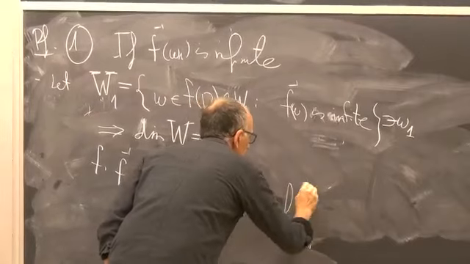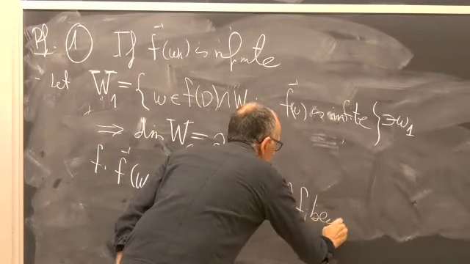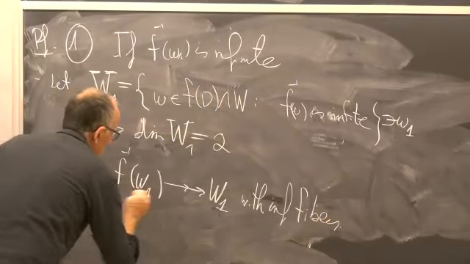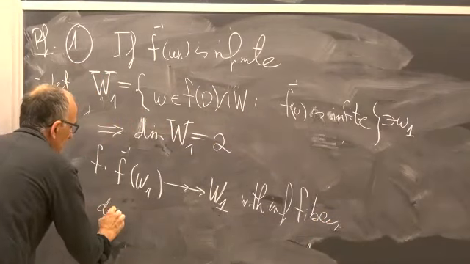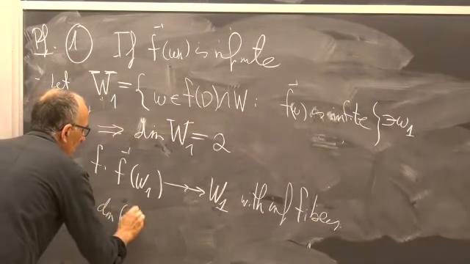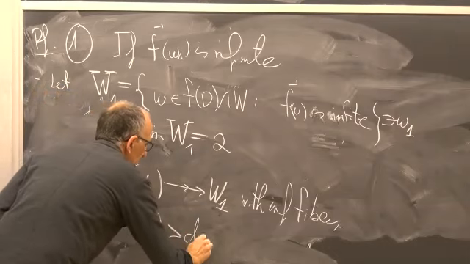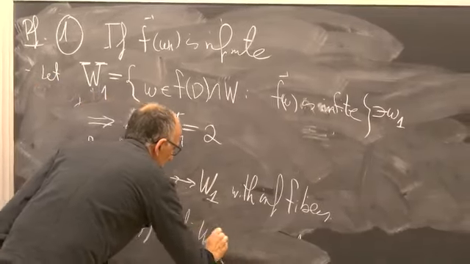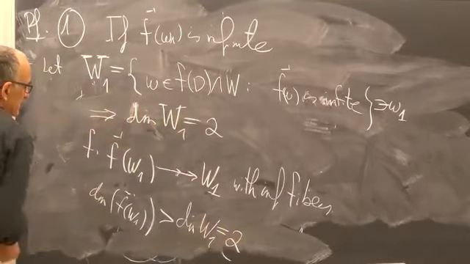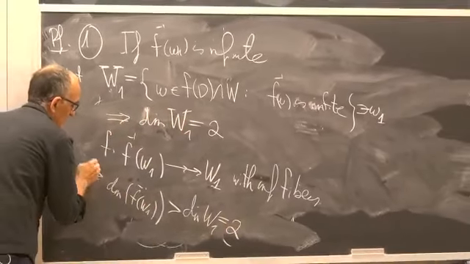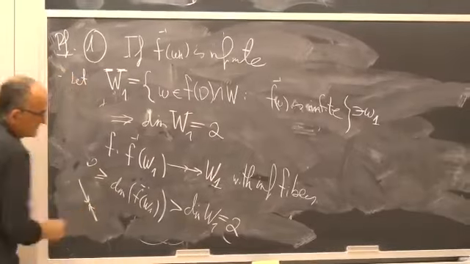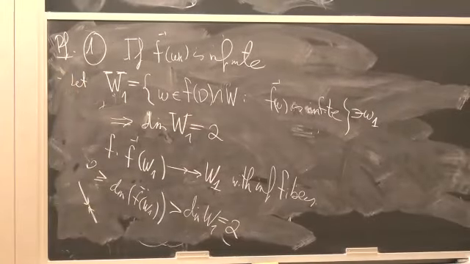With infinite fibers, this is impossible because we should have had the dimension of F inverse of W1 greater than the dimension of W1, but this is already the maximum, 2, and this has to be at most 2. So this is a contradiction. Right? So I'm using here the fiber inequality.